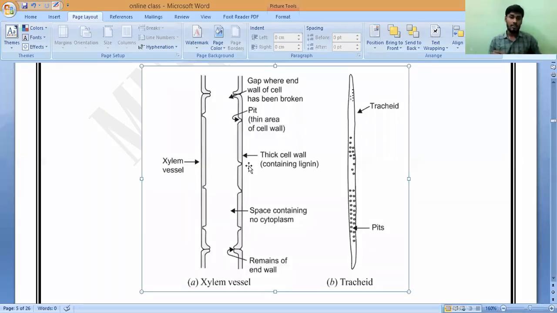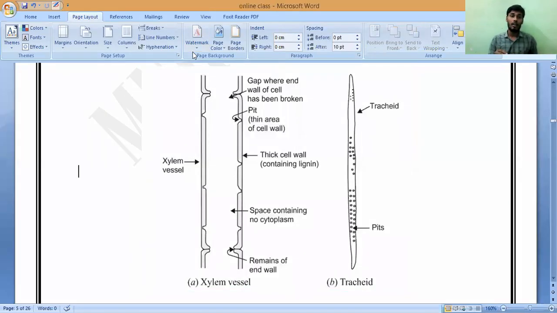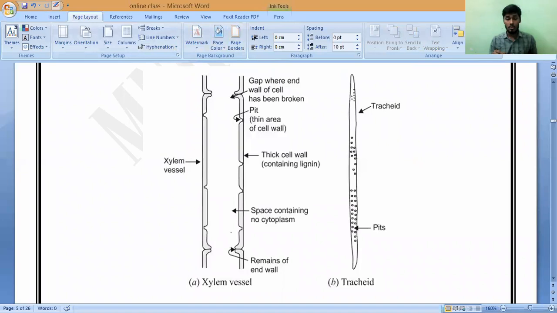You have to learn the diagrams. The pictures in our NCERT books are not very clear, so you can draw this one in your classwork. It is not an issue.